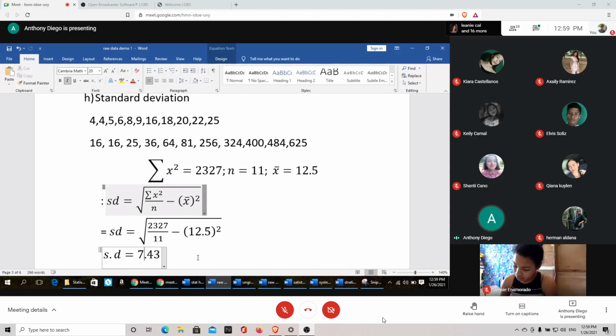Tell me when you have obtained it. Anybody has got the standard deviation already? Make sure you use your calculator until you get 7.43.